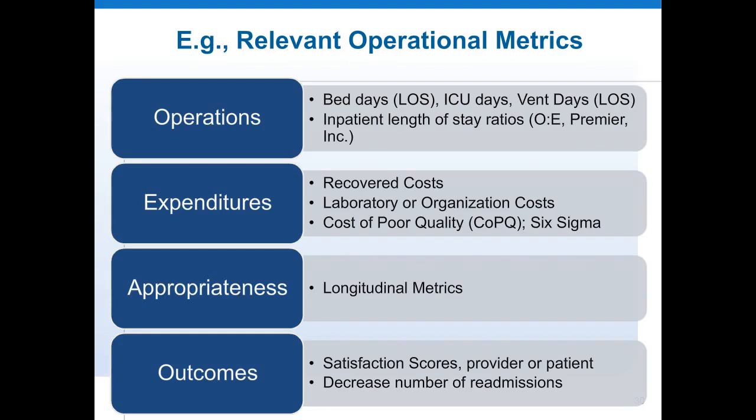There are things called inpatient length of stay ratios, where your system, wherever you're at, will have an observed to expected ratio. Our vendor is Premier, and there are 5 or 6 national vendors that deliver this kind of length of stay that's morbidity matched.